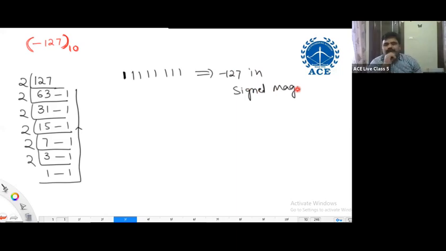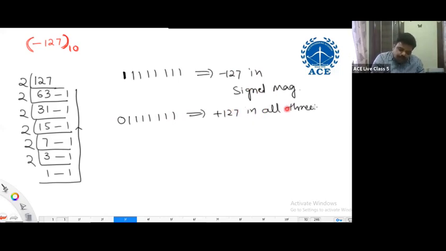Now, let us get ones complement and twos complement representations of minus 127. For that, let me represent plus 127: plus 0, then 7 ones. Plus 127 is the same in all three representations.